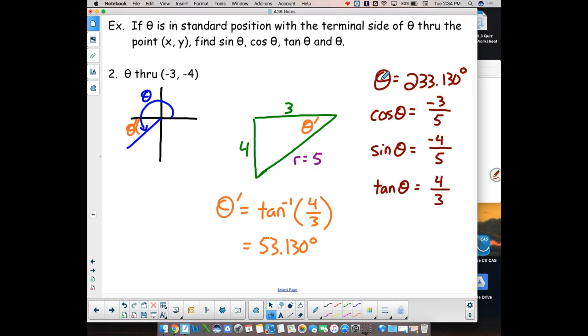I just dropped the negatives because a negative divided by a negative is a positive. Logically speaking, is cosine negative in quadrant number 3? Yes. Is sine negative in quadrant number 3? Yes. Is tangent positive in quadrant number 3? Yes. Okay. So there are my 4 values that we were looking for.